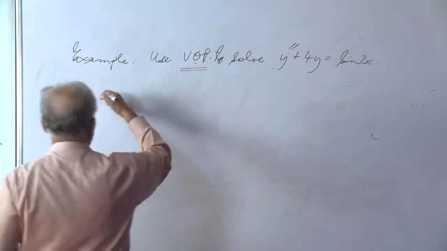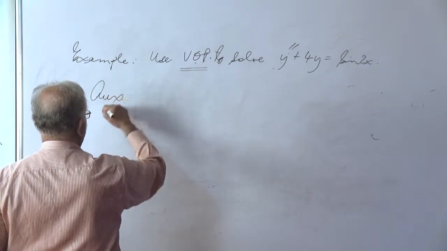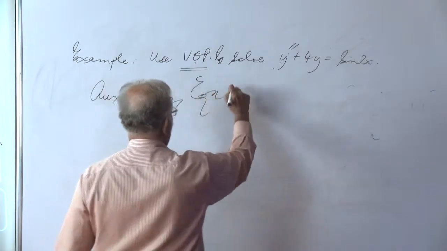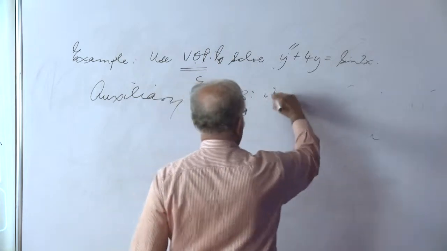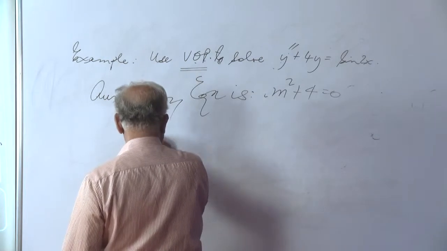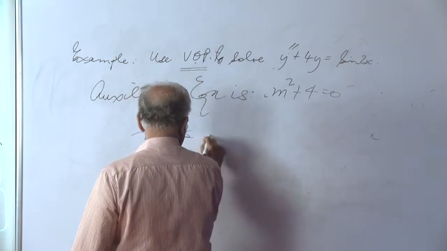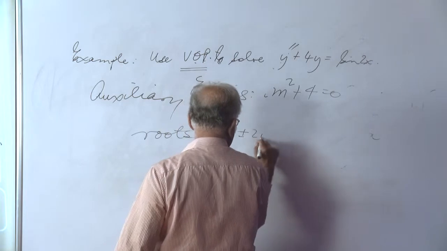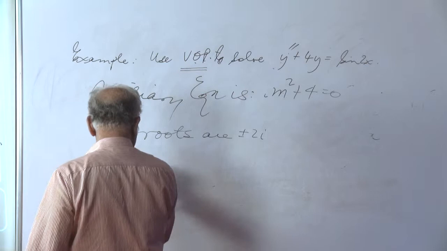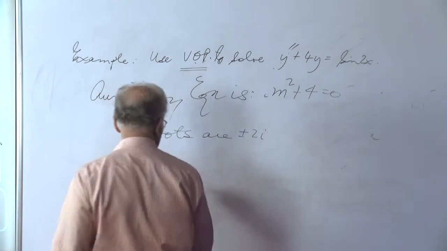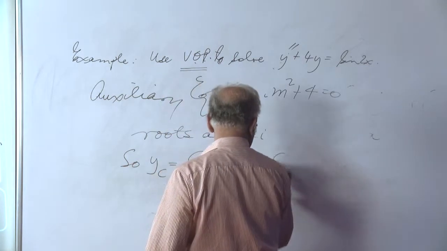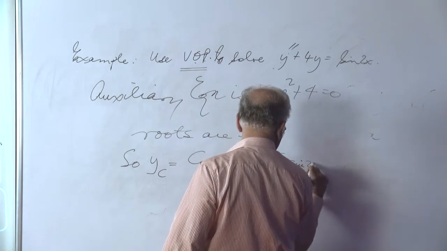So we straight away write that the auxiliary equation is m square plus 4 equals 0, and the roots are plus minus 2i. So the complementary function yc is c1 cos 2x plus c2 sin 2x.